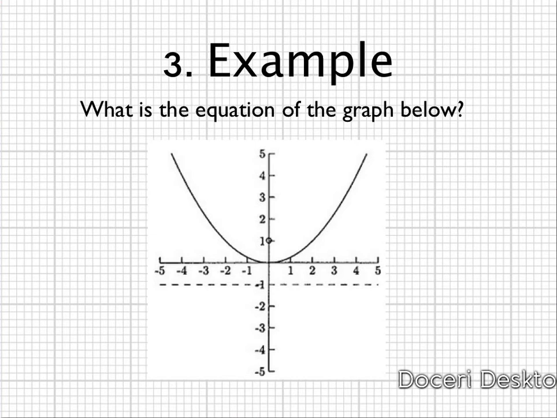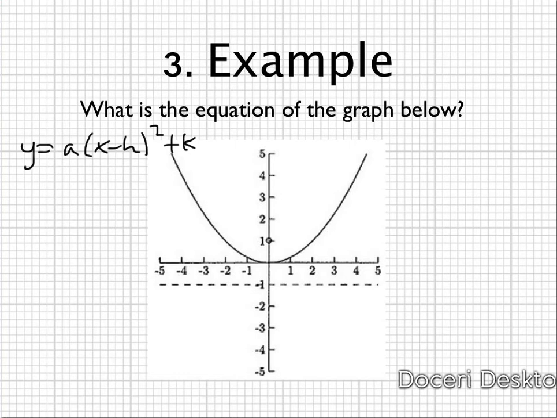Since I'm opening upward, I know that I'm going to use the formula y equals a times x minus h squared plus k. That's my form. And you'll remember that from earlier in the video.